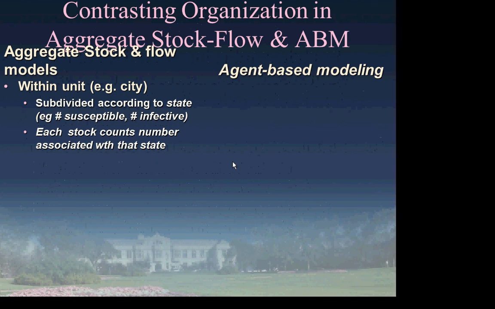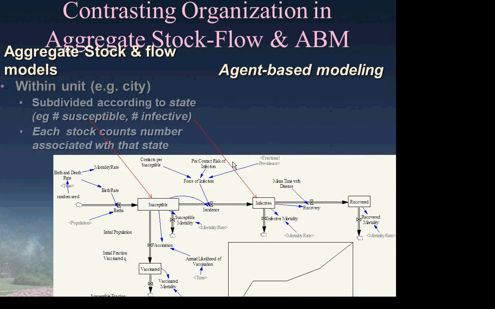And then for each of those actors, we keep track of their state, their characteristics. Okay? So it's kind of like one is orthogonal to the other: organized according to state, counting the number in that state for aggregate modeling; for agent-based modeling, organizing according to individual, and then for each individual recording the state.